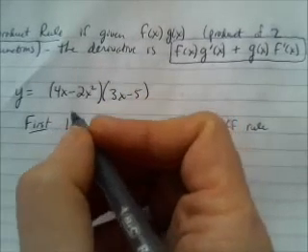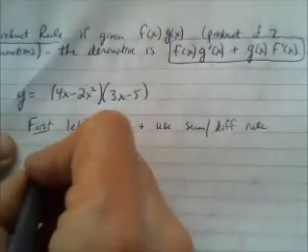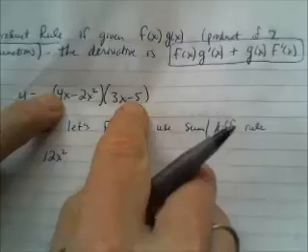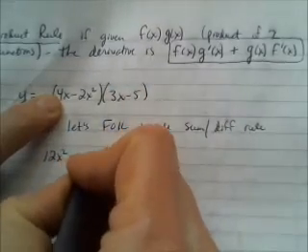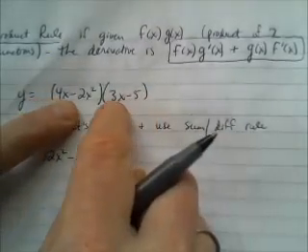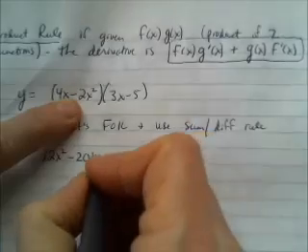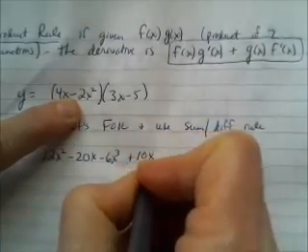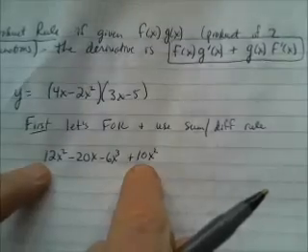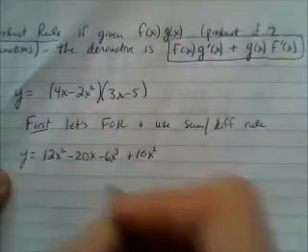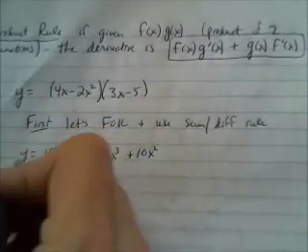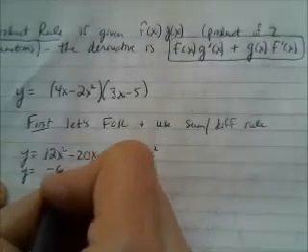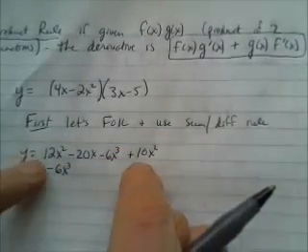So if we FOIL this out, we get 4x times 3x, which is 12x squared, minus 20x, minus 6x to the third, plus 10x squared. We have two like terms to combine, and I'll write this in standard form with the negative 6x cubed coming first.